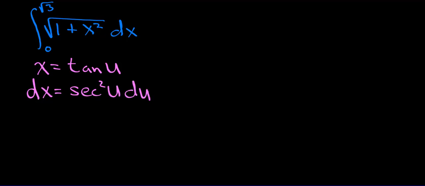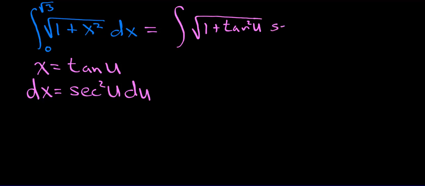When I do this transformation, I can't just replace x with tangent. There's something else I have to do. So this is going to be the square root of 1 plus tangent squared u, and then I have to do secant squared u du. That's one of the things I have to do.